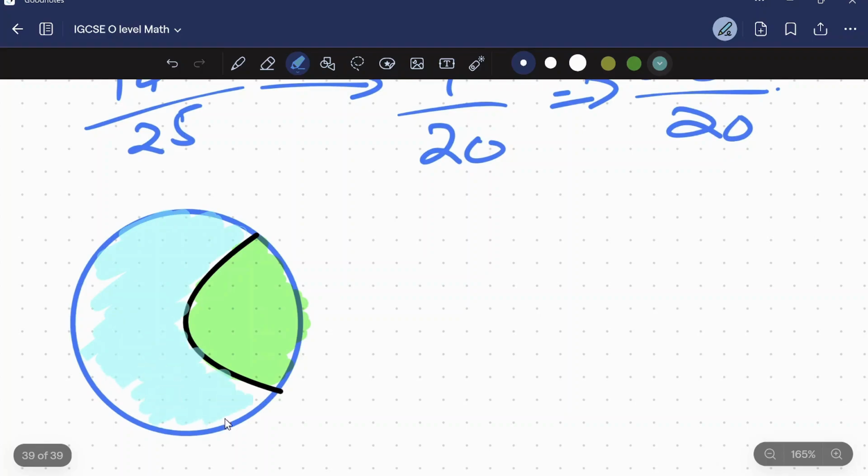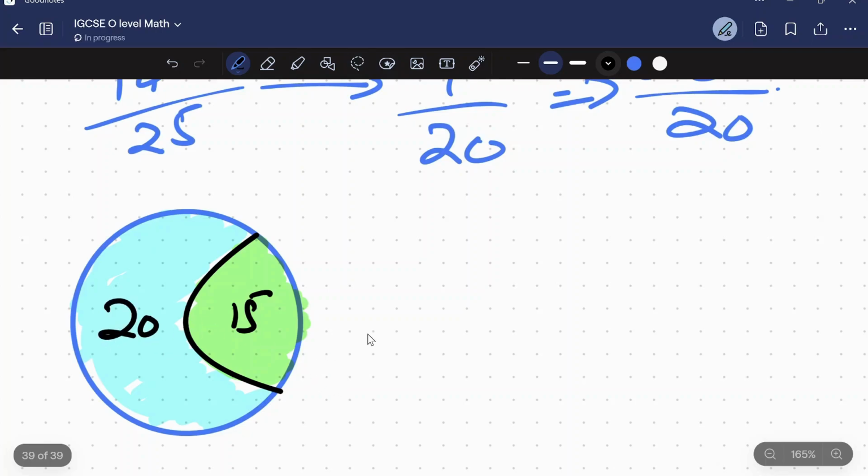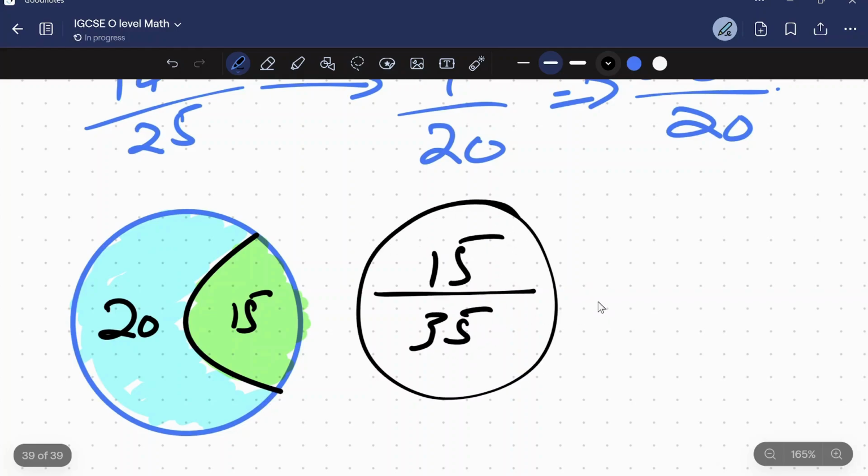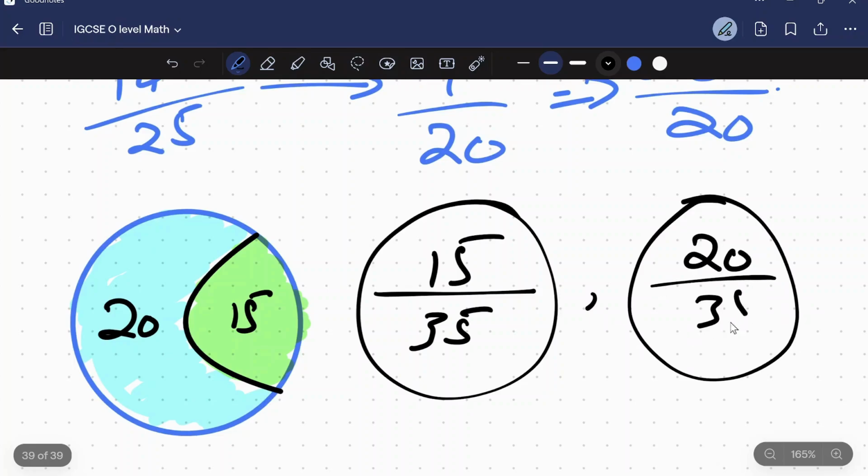Let's say there are 15 female students and 20 male students, and I want to express this quantity as a percentage. The total number of students is 20 plus 15, which is 35. The fraction for the female students would be 15 over 35, and the fraction for the male students would be 20 over 35.